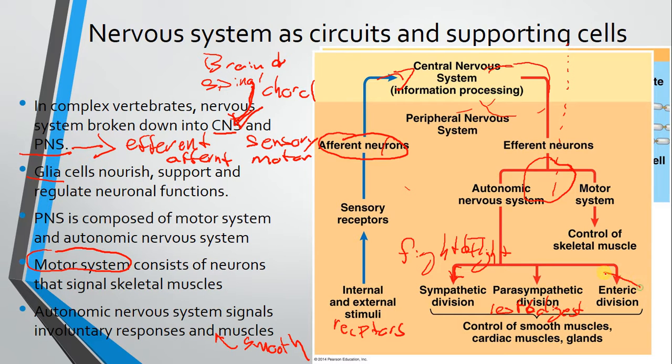And then the enteric division, which has to do with our digestive system. This is a mapping of how we break up that circuitry between afferent neurons for stimulus input and efferent neurons in motor and autonomic nervous system functions.